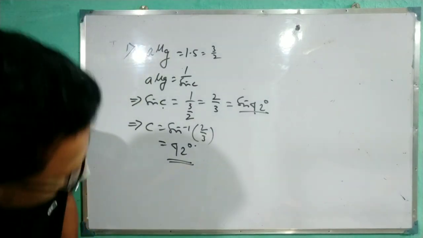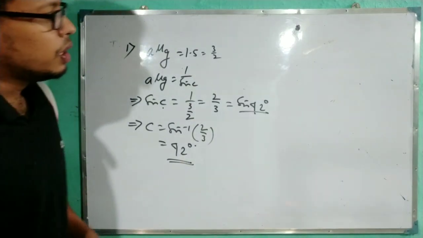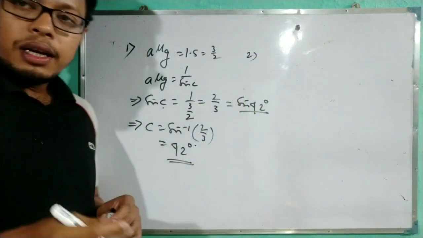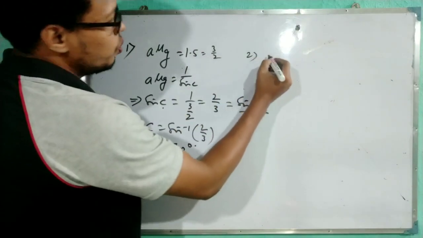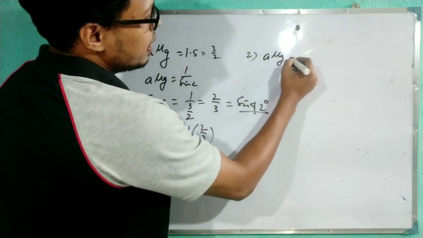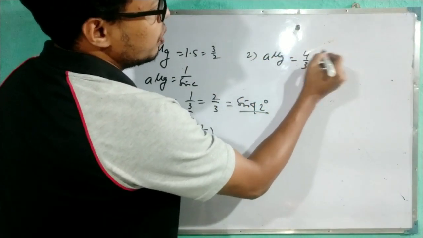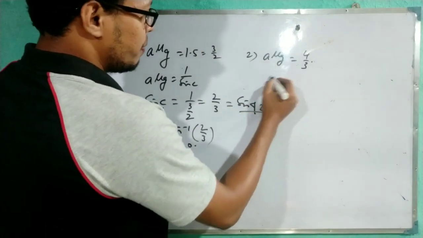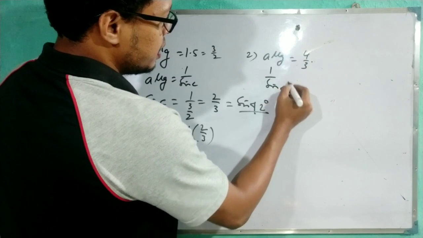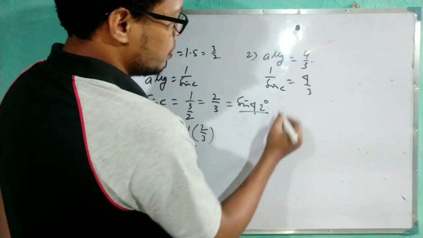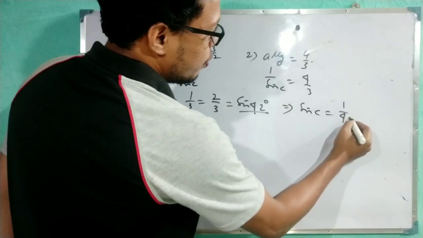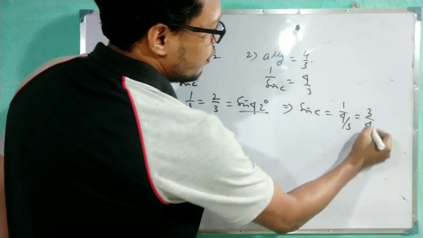Next, if we want to find the critical angle for water, we know the refractive index of water is 4 by 3, or 1.33. Apply the formula: 1 by sin C equals 4 by 3. So sin C equals 1 by 4 by 3, which is 3 by 4.